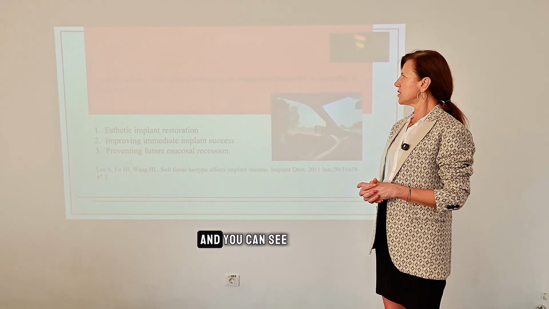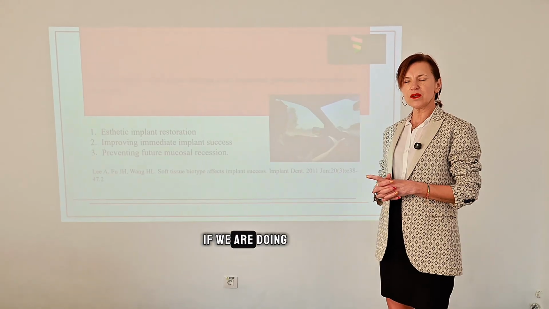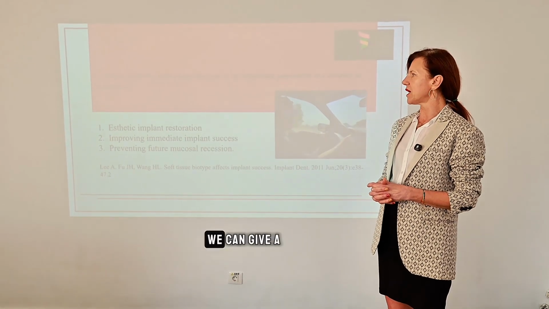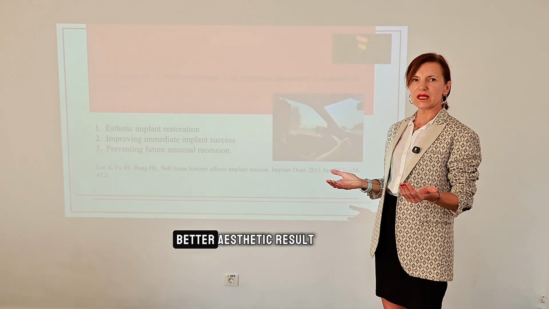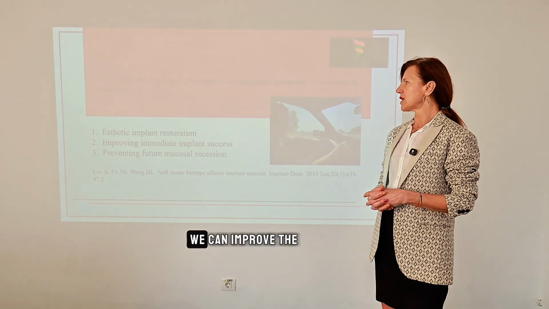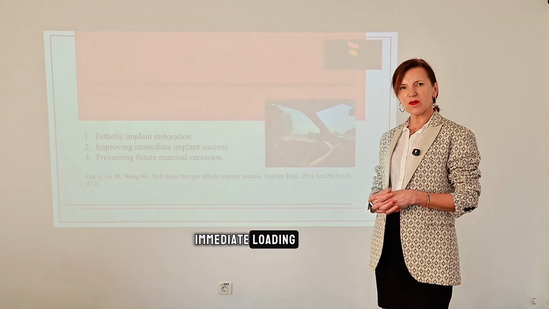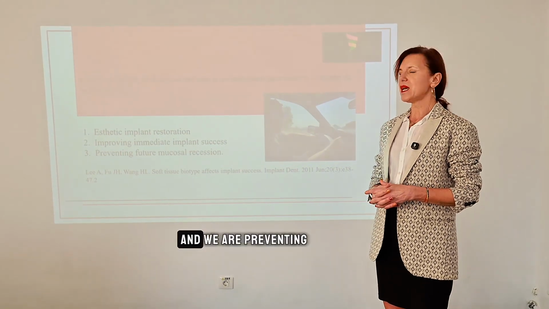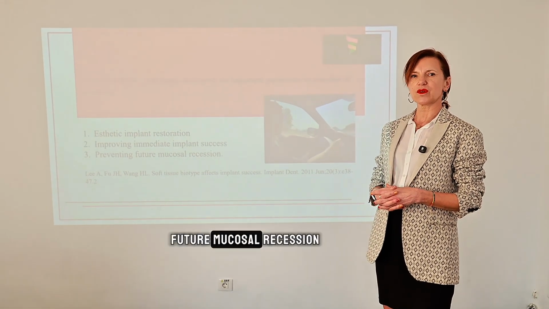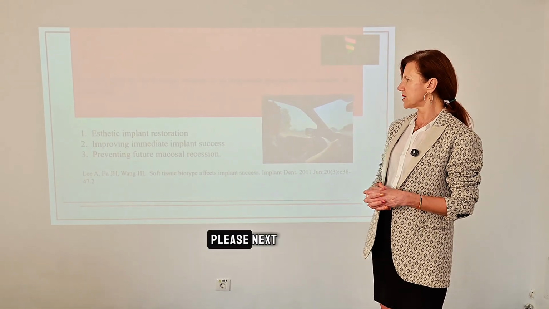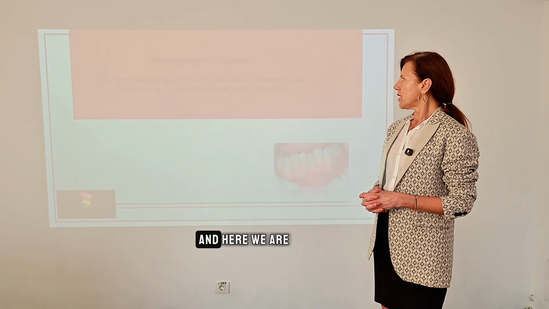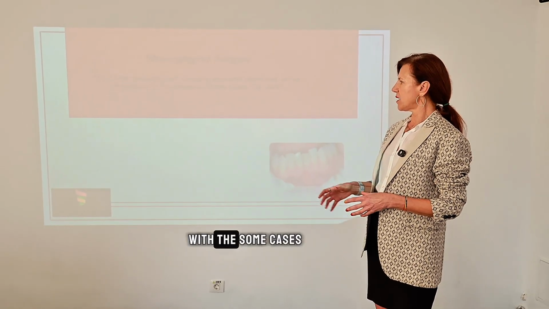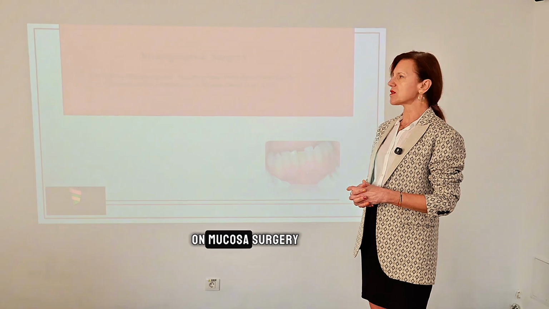And you can see if we are doing procedures like this, we can give a better aesthetic result. We can improve the immediate loading and the success of the implant, the long-term prognosis, and we are preventing future mucosal recession. Please, next. And here we are with some cases on mucosal surgery.